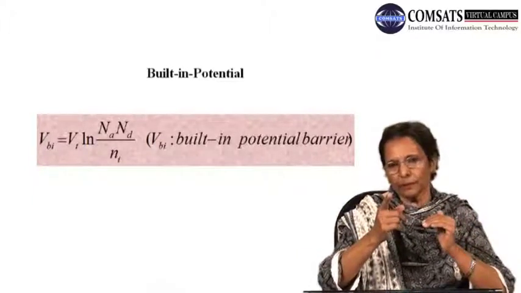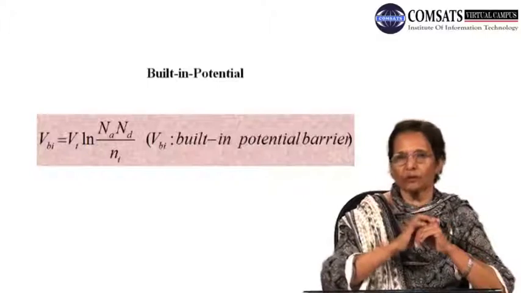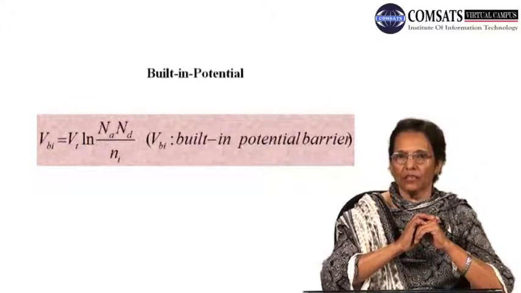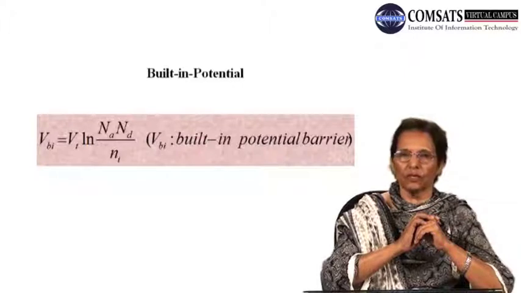Did you calculate the thermal energy? You should have by now. You know this value. Thermal energy comes out to be 0.025 electron volt, even though it is not a very large amount of energy, yet it is finite and sufficient to break covalent bonds present in the semiconductor crystal.